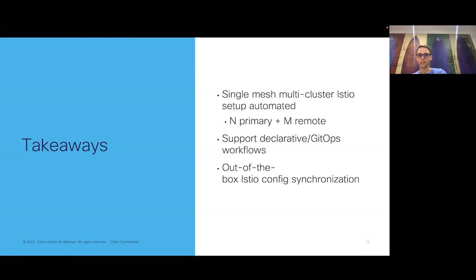After you set everything up, and by the way, as I mentioned, it works for every one of these: multi-primary, primary-remote, and even the different and flat network setups. After these, you would need the Istio config synchronization feature. With these two open source tools, you get that for free as well.